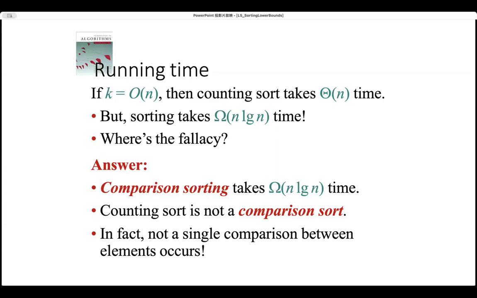That is because this counting sort has no comparison of two numbers whatsoever, right?